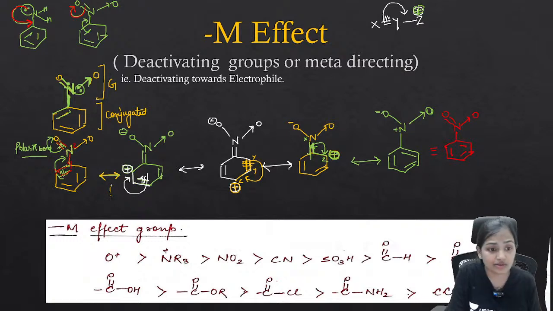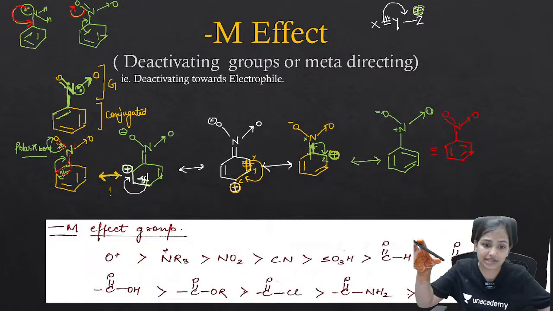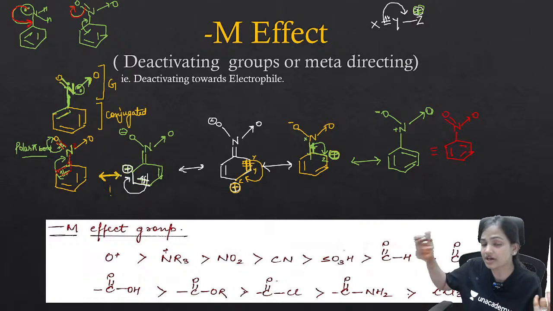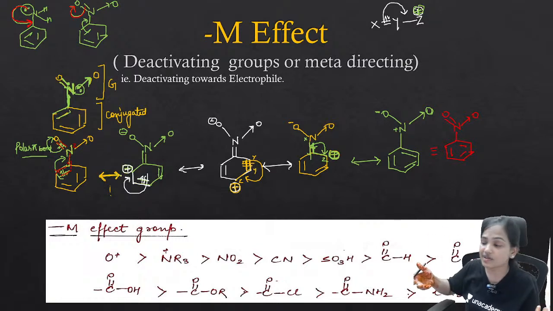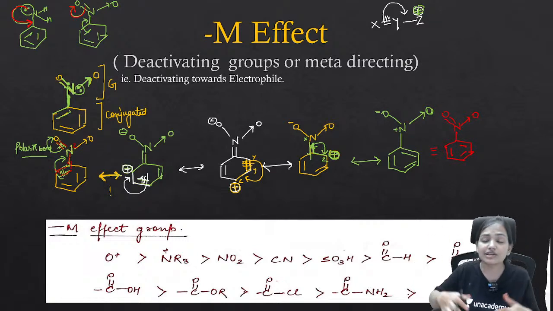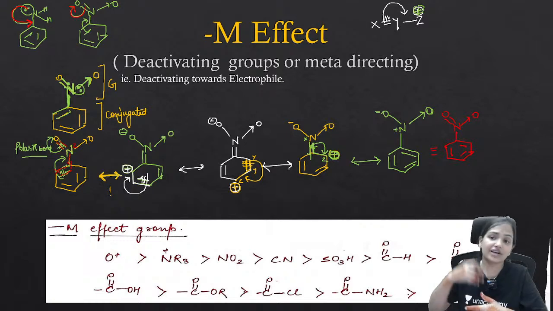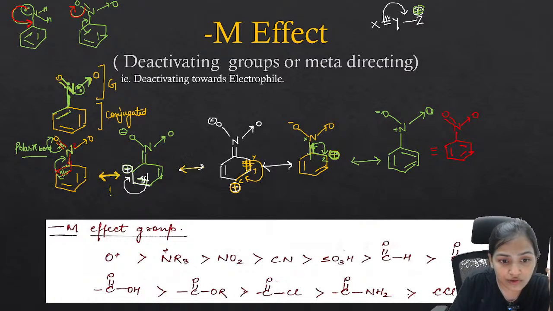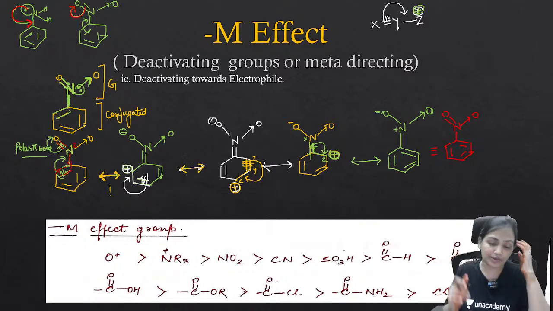That's why we are drawing it like this. These are the extreme conditions, and between all these conditions the actual structure exists, because it is delocalizing, it keeps on moving and moving. If it keeps on moving, its position is very uncertain, so it's very difficult to find out the certain position. That's how we have tried to form the extremities of those particular structures.